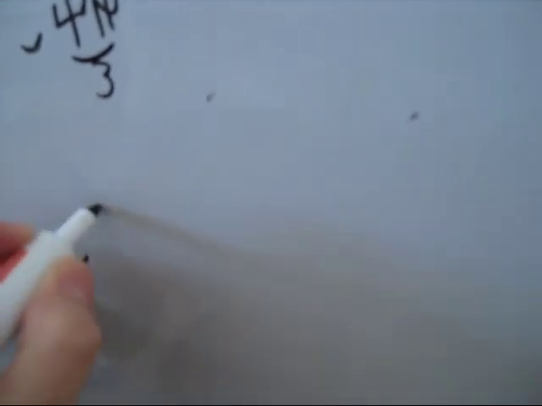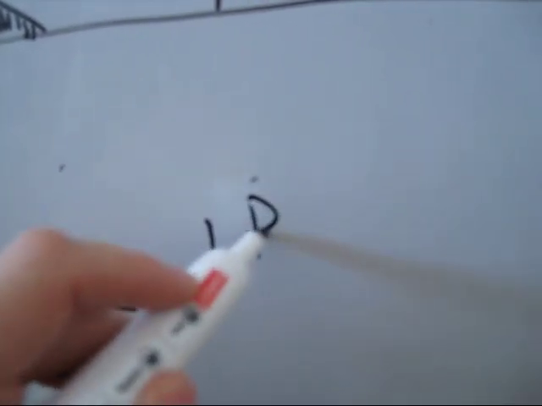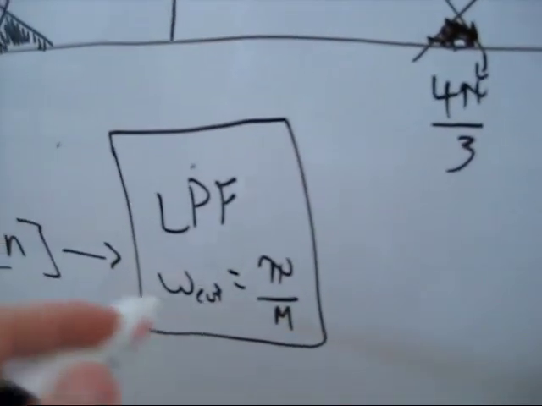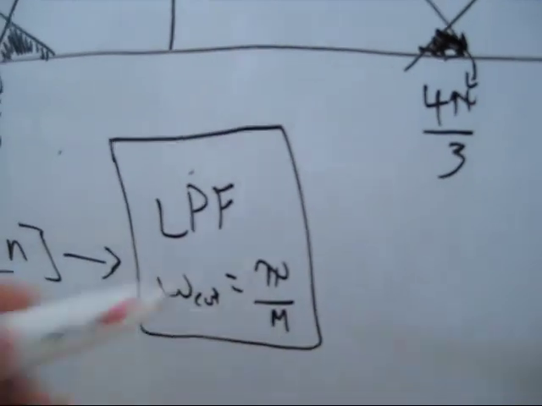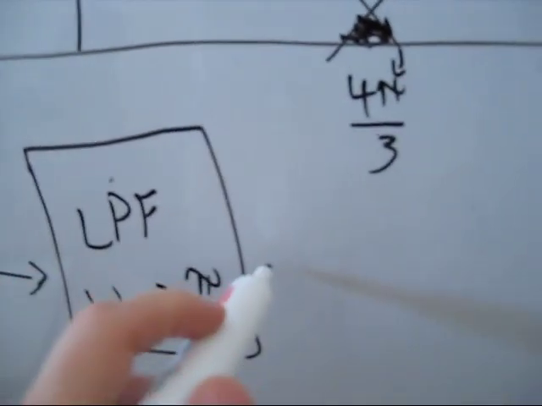So all you have to do is, first, if you've got your signal, you put it through a low pass filter with a frequency cutoff equal to pi over m. Remember, these are not quote unquote real frequency units, they're just arbitrary frequency units.